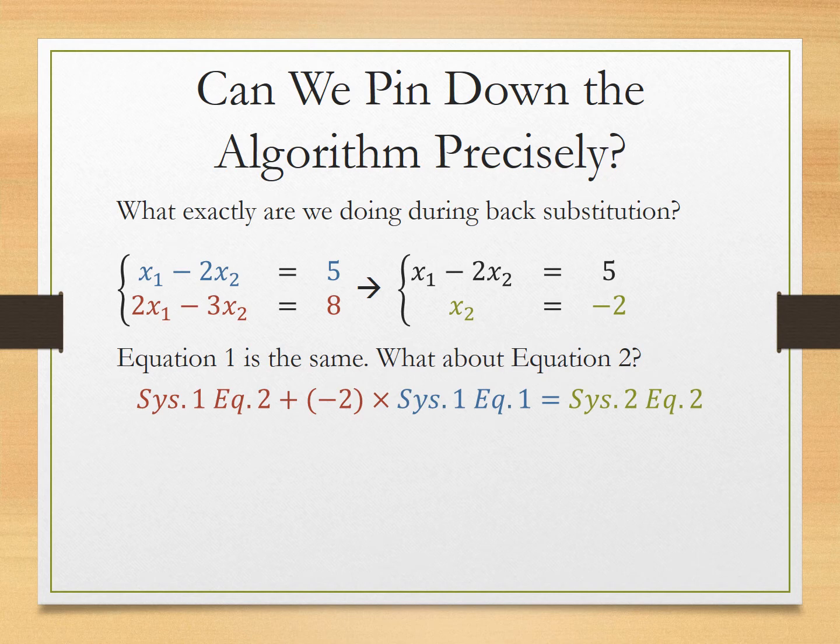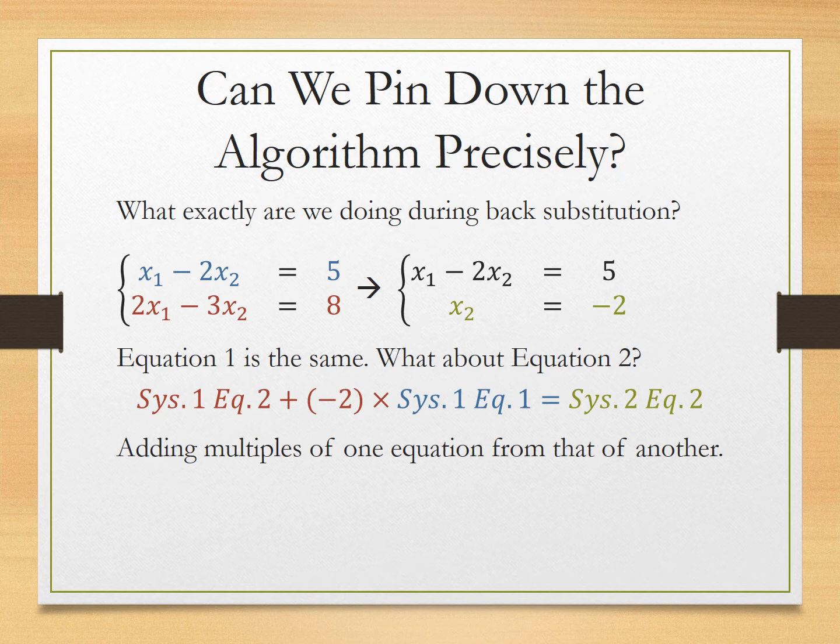That leaves you with negative 2. So you can in fact get system 2's equation 2 from a combination of system 1's equations. What you're doing is adding multiples of one equation to that of another.